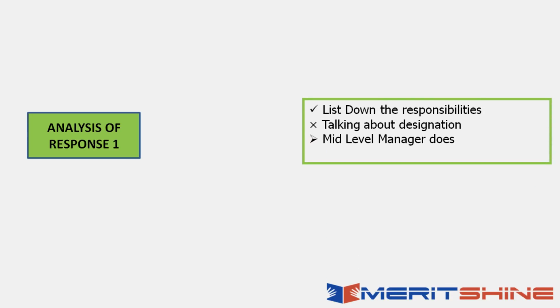She has listed the responsibilities, but she has not spoken about designation, because she does not know, so she should not speak about designation as such. What she has essentially done is, in corporate jargon, this is what a middle level manager does. The responsibility set that she has shown here is something that a middle level manager does. So that is what response 1 was.